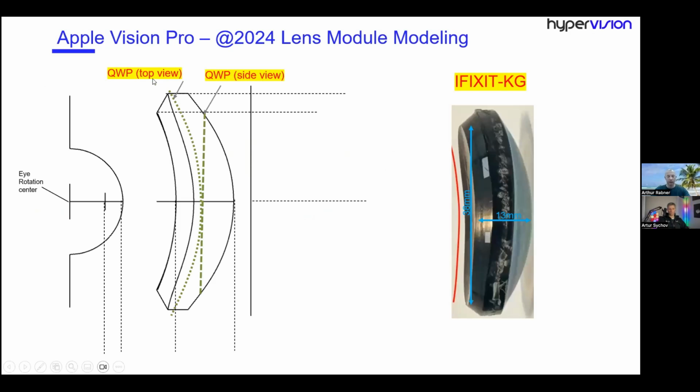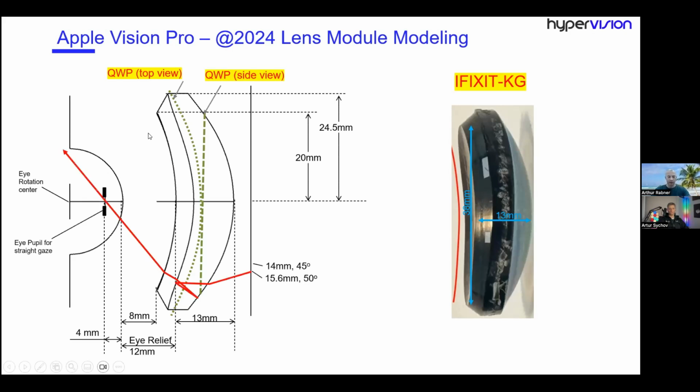If we look from the top, we see an arc, and if we look from the side, we see a direct line. In the model, we estimated different dimensions. We took 12 millimeters eye relief. Total stack is 13 millimeters, but we have extra because of the concave shape of the lens.